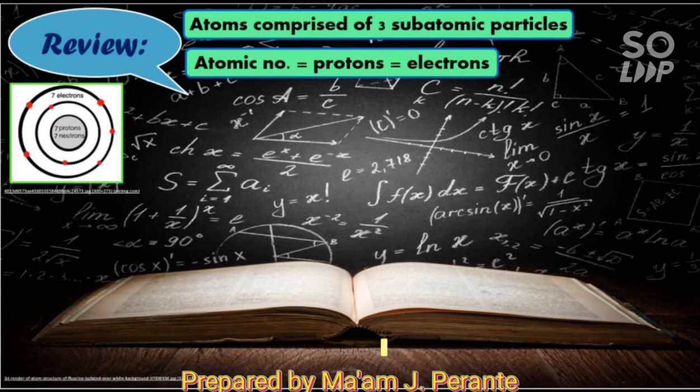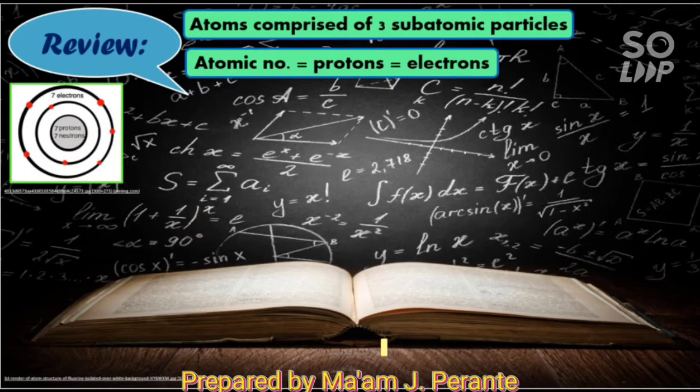Take note that only the electrons can orbit and move around the nucleus because the protons and neutrons are located inside the nucleus. So meaning to say the protons and neutrons are concentrated at the center and they cannot move. The only ones that can move are the electrons.